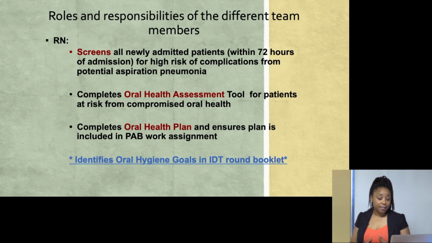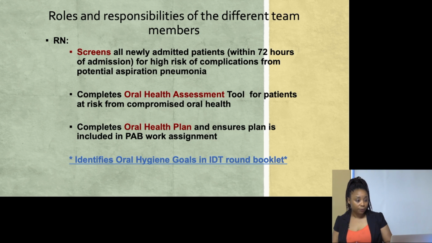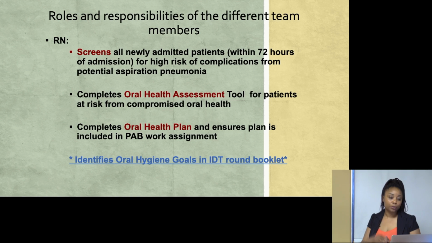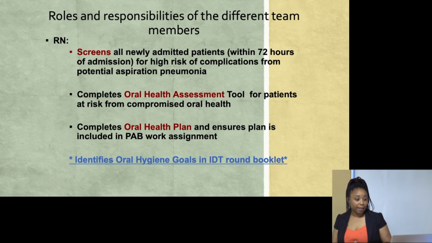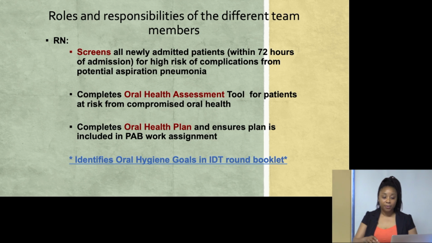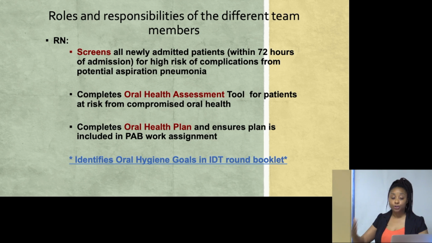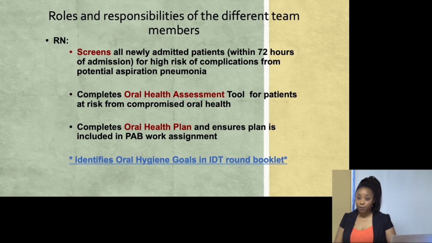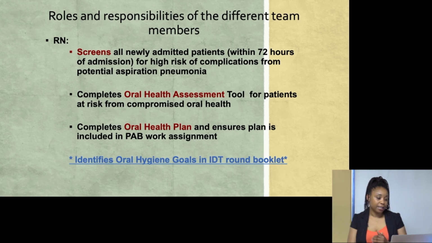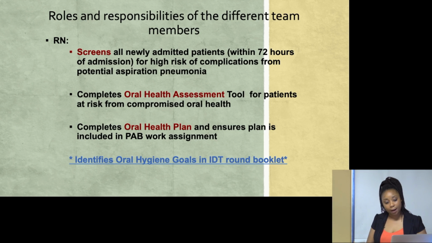The RN also completes an oral health assessment tool for patients who have been identified to be of high risk that will compromise their oral health. We also complete an oral health care plan, and this ensures that the PAB is able to provide the continuity of care in terms of taking care of the patient's oral care.